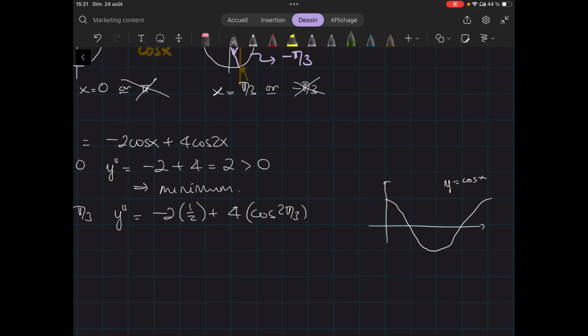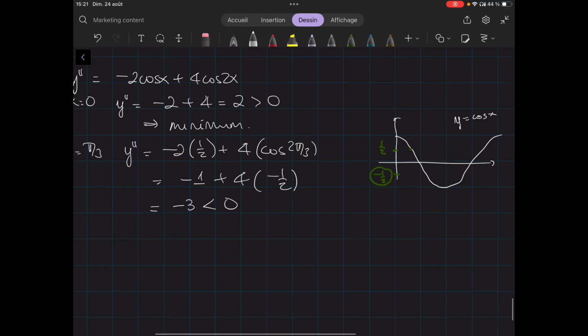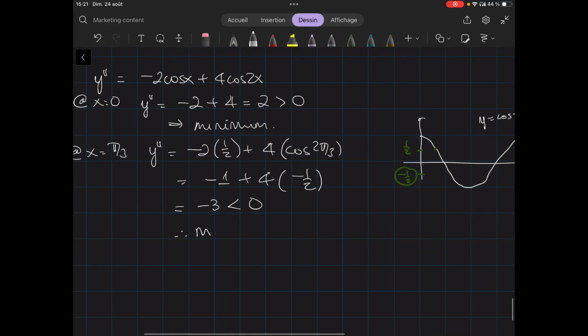Cos of pi by 3 is 1 by 2. Cos of 2 pi by 3, because it is in the second quadrant, the sign is going to be negative. Therefore, negative 1 plus 4 times negative 1 by 2, and you will get negative 3, less than 0. Therefore, maximum.